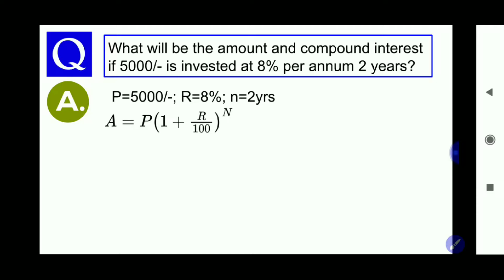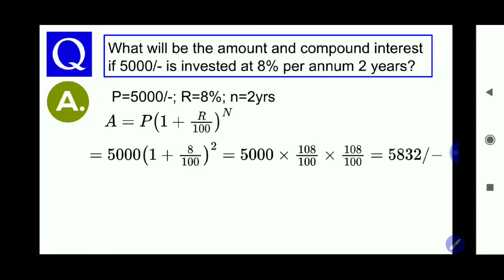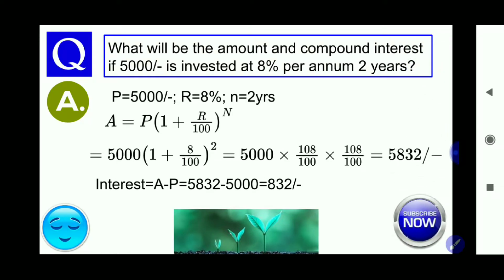Formula is A is equal to P into (1 + R/100)^n. So it is 5000 into (1 + 8/100)^2. By simplification, its answer is 5832 rupees. So compound interest is equal to A minus P. So its answer is 832 rupees.